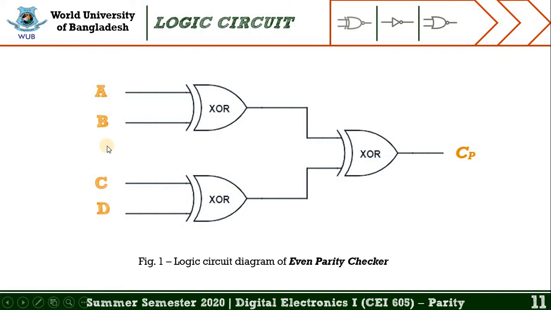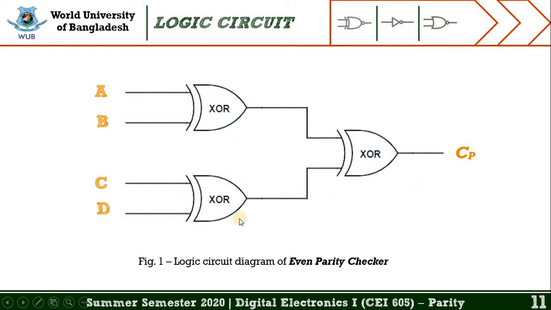From this slide we may learn the logic circuit of the even parity checker. We have already known from the previous slide that we have four inputs, and the final expression was A XOR B inside of the first parenthesis.